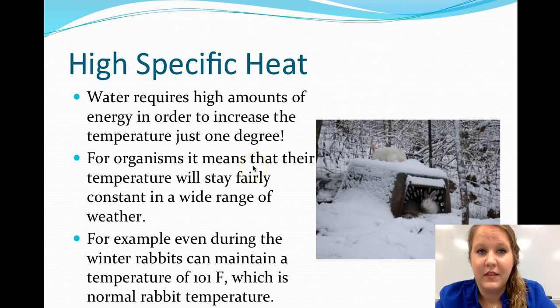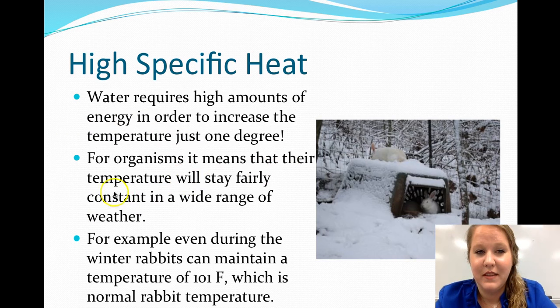Now, water also has a very high specific heat, and it requires a lot of energy just to increase its temperature 1 degree. This is good for us, because if our temperature could change really quickly, say from 97 to 120, that would be really uncomfortable and not good for the stability or homeostasis that your body needs to maintain.